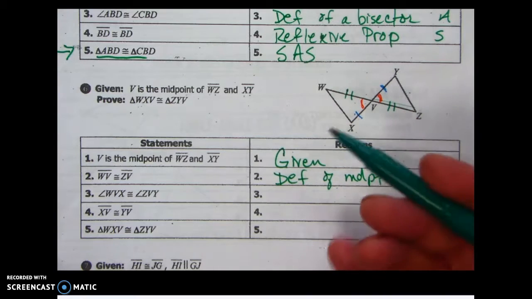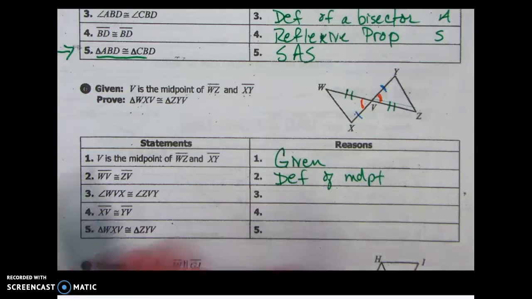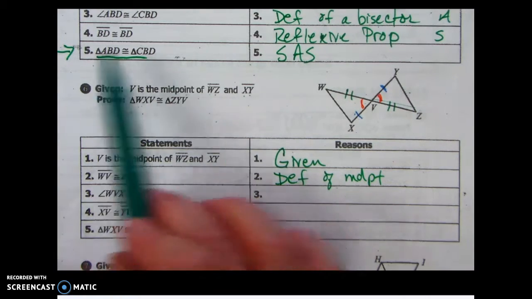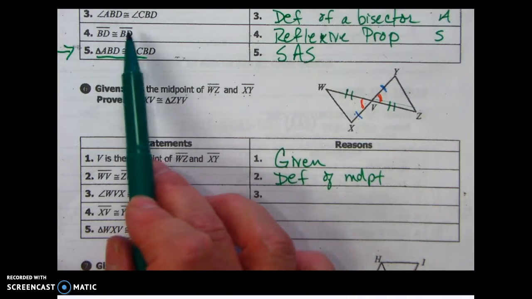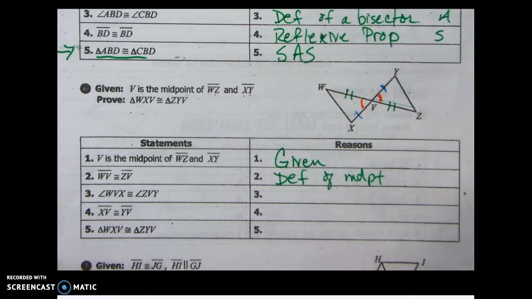So keep something in mind. When we're being told about bisectors or midpoints or parallel lines, which you'll see in the next one, that in itself is not telling us two angles are congruent or two sides are congruent. And notice over here, that's all we have. When we're setting up our proof, we want to make sure that we've set up congruent sides or congruent angles, depending on what kind of a statement we're making.